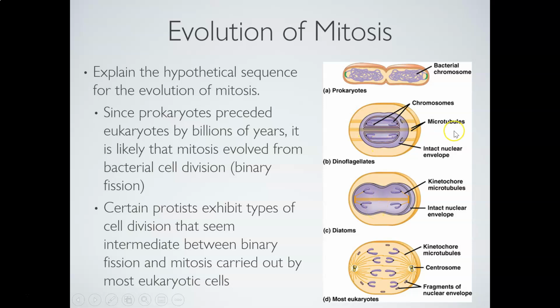So although we talked about that endosymbiotic theory and the mitochondria and the chloroplast being major organelles to support that theory of how prokaryotes ate other prokaryotes and became eukaryotic cells based on that symbiotic relationship that they formed, we also think that a lot of other organelles, including your nucleus, may have come from that same process.